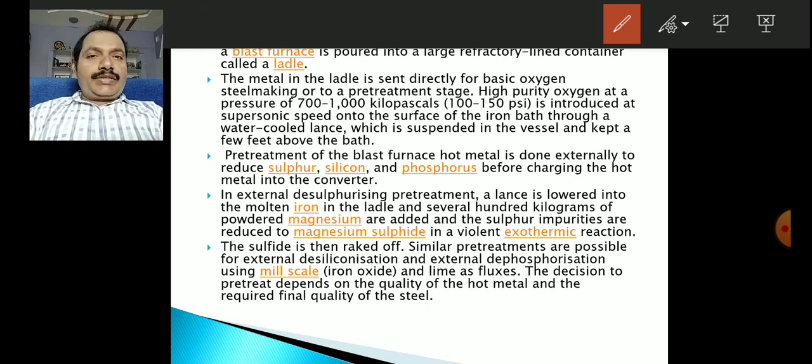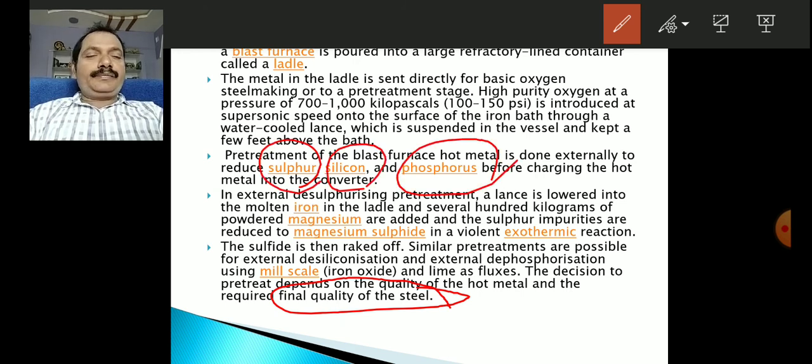So these pre-treatment processes are considered based upon the required quality grade of the steel only. The pre-treatment processes can be carried out separately to remove the sulfur, silicon, and phosphorus.